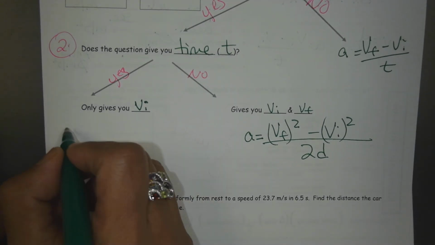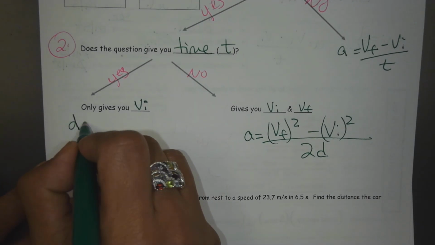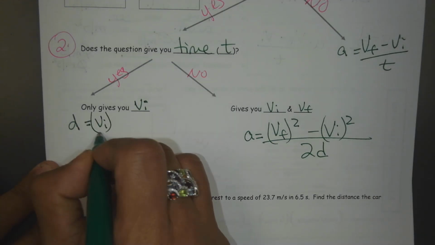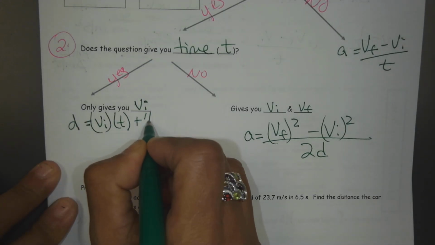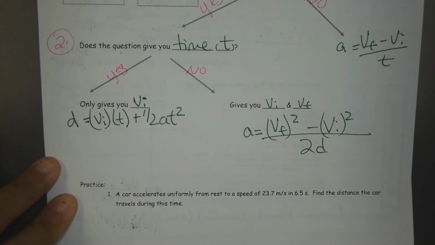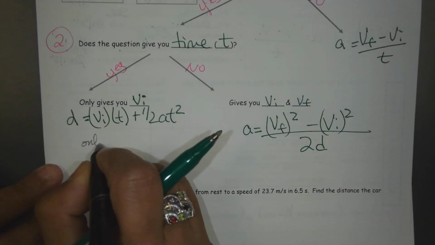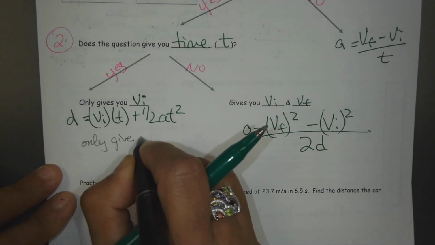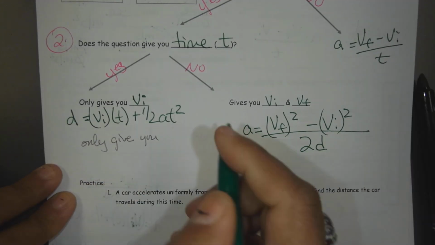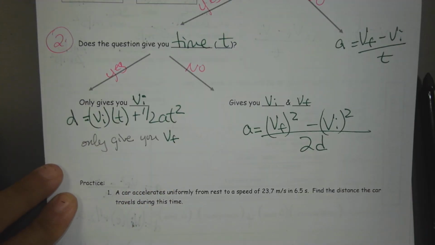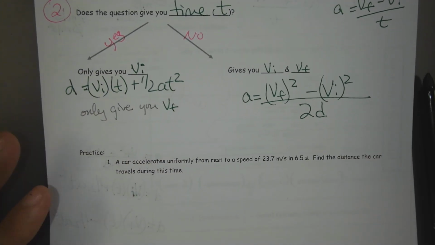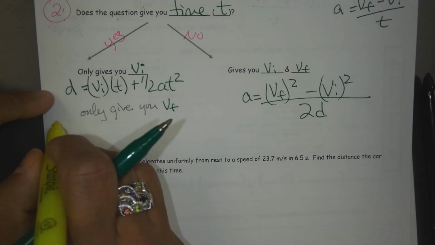If so, then your equation is D equals VI times T plus 1/2 AT squared. If they only give you the VF, then in that situation, you're going to use this equation, and I'm going to highlight it.